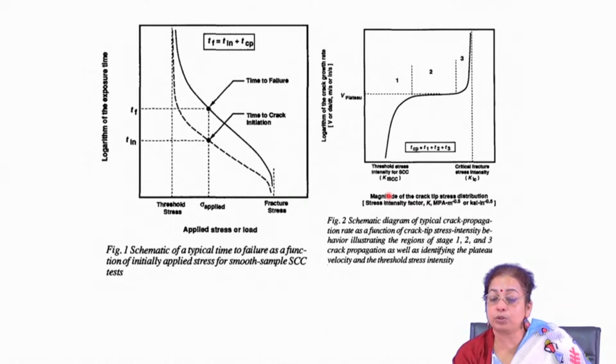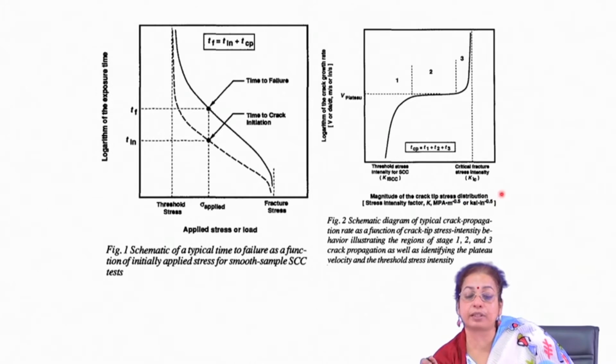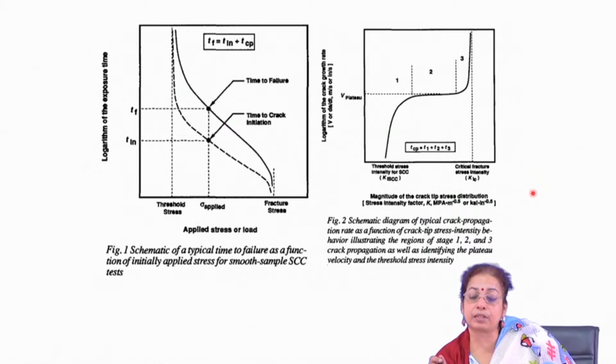Now, if you quickly go through the magnitude of the crack tip stress distribution as a function of the critical fracture stress intensity factor, you will find that it consists of three important regimes. First is the threshold stress intensity for stress corrosion cracking, which is the initiation, and then it propagates and finally leads to failure.